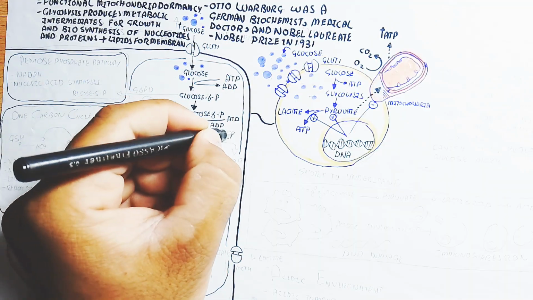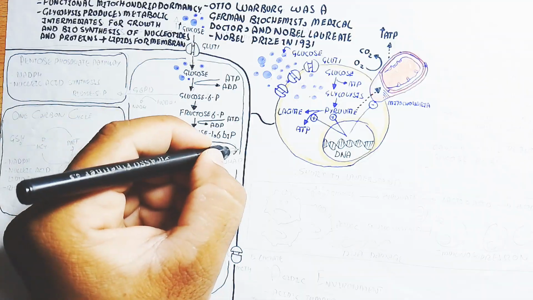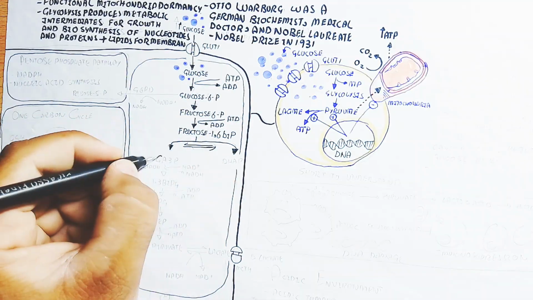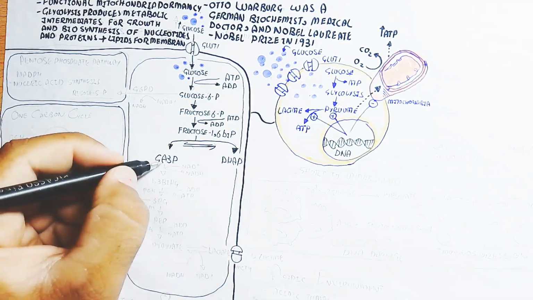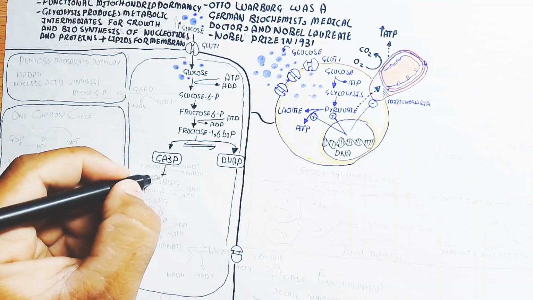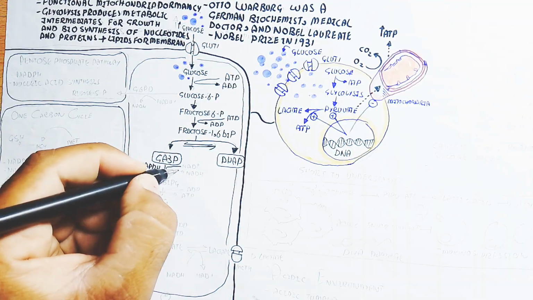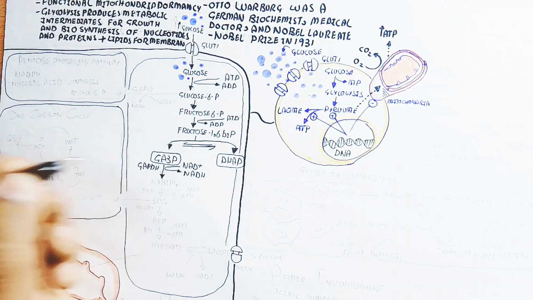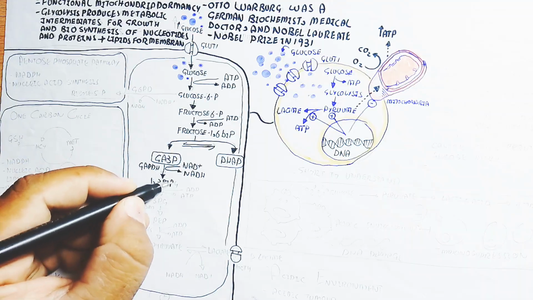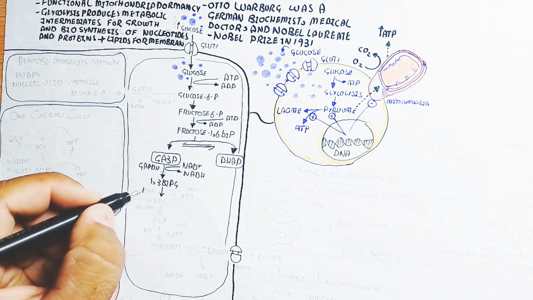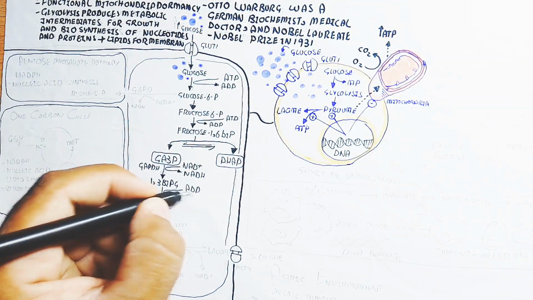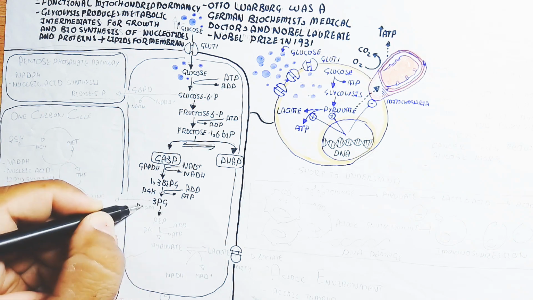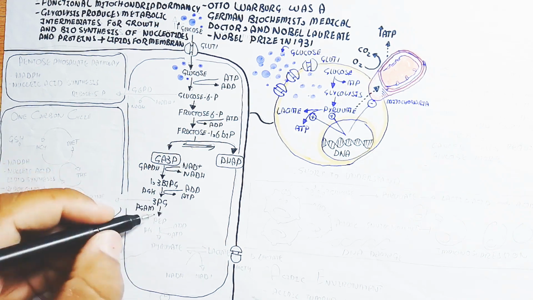Glucose is converted into glucose 6-phosphate to produce ATP. By this, fructose 6-phosphate is converted to fructose 1,6-bisphosphate, and then glyceraldehyde 3-phosphate and dihydroxyacetone phosphate. Glyceraldehyde 3-phosphate is converted into 1,3-bisphosphoglycerate to produce NADH. This is the biochemical pathway.